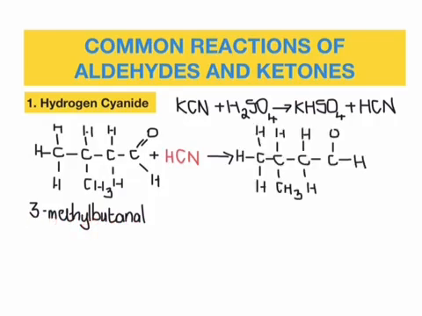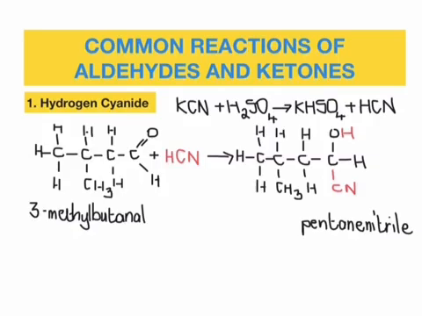When you're figuring out the structure of the organic product, just break the C=O, which is what I have done here, and just reproduce the rest of the molecule. Then add the CN group onto the carbon and the H onto the oxygen.